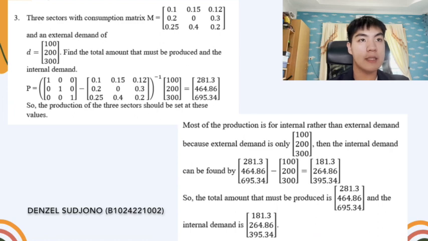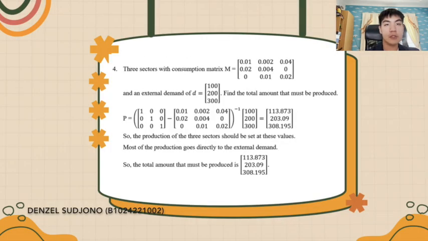And the internal demand is 181.3, 264.86, 395.34.